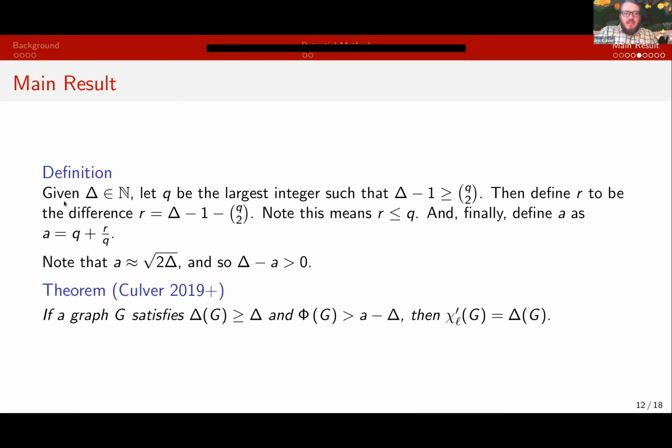The top part is just a definition of these quantities R and K or Q to figure out what the bound is going to be on our maximum average degree. And it's a little bit complex.